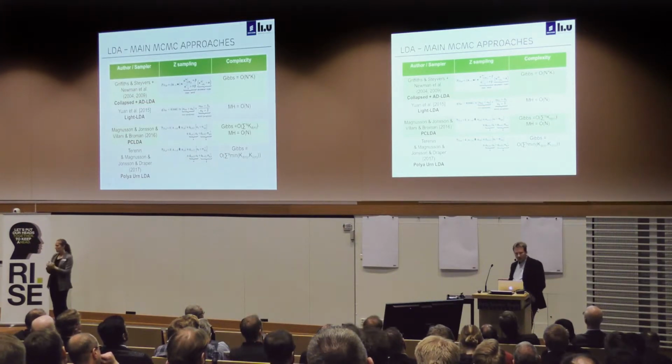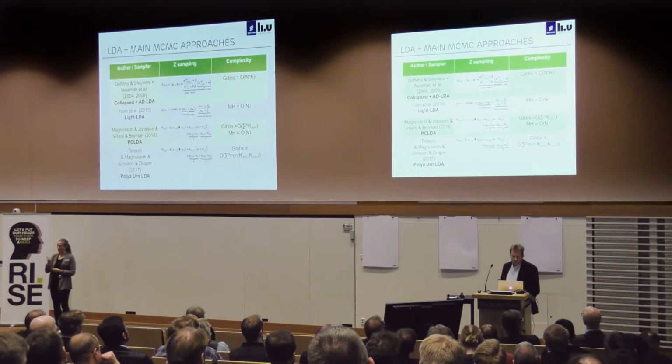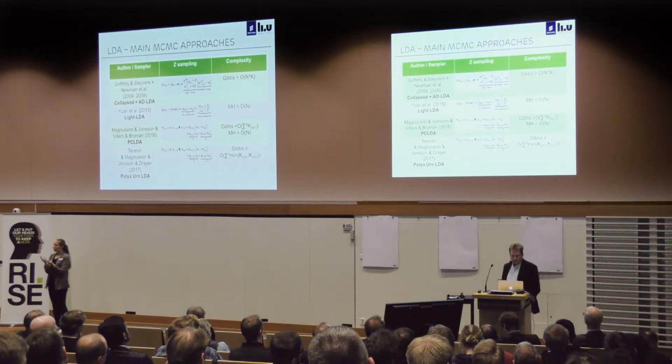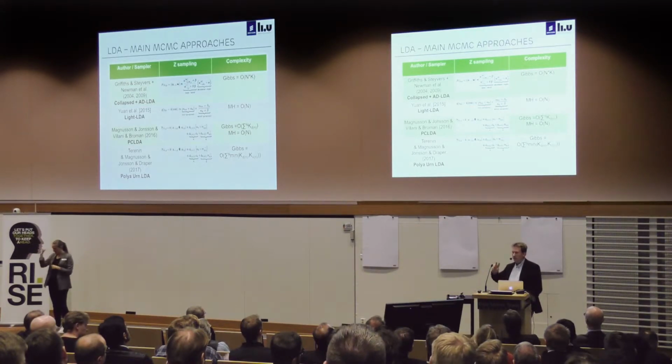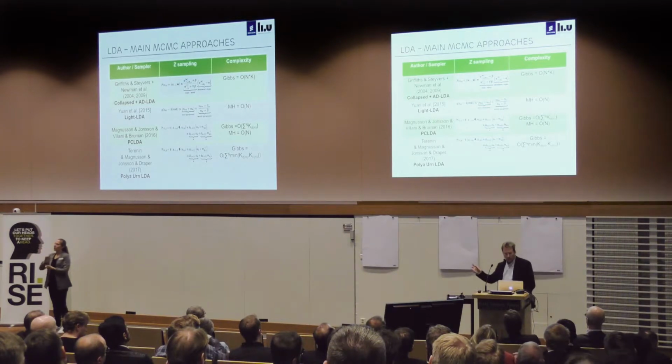What we have done is a method called partially collapsed LDA, which also uses Gibbs sampling, but we improve on the original collapsed Gibbs sampler with this a bit complicated expression. But basically, you get the minimum complexity over topics and topics per word.